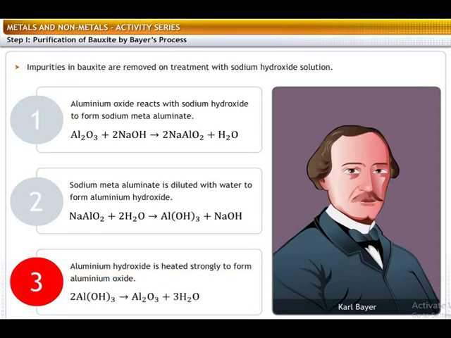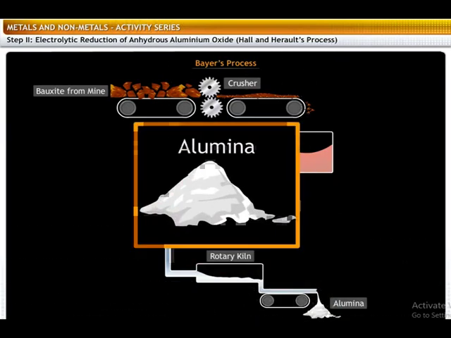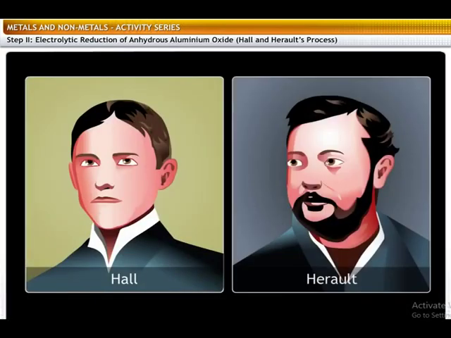The second step in the extraction of aluminium is the electrolytic reduction of alumina obtained using Bayer's process. This is done through Hall and Heroult's process. Hall and Heroult developed the process independently.